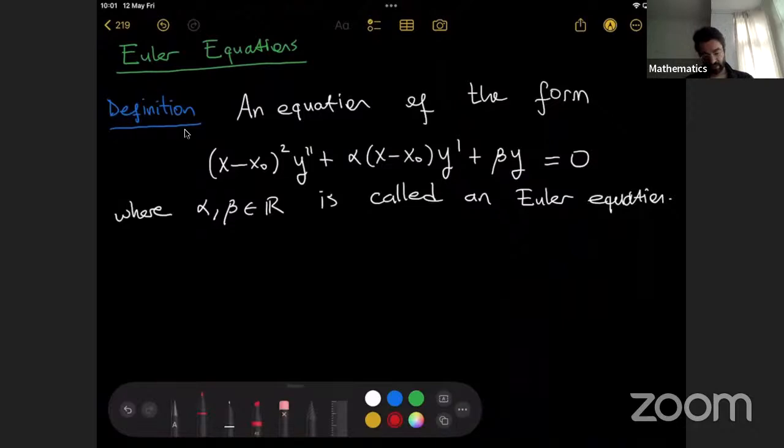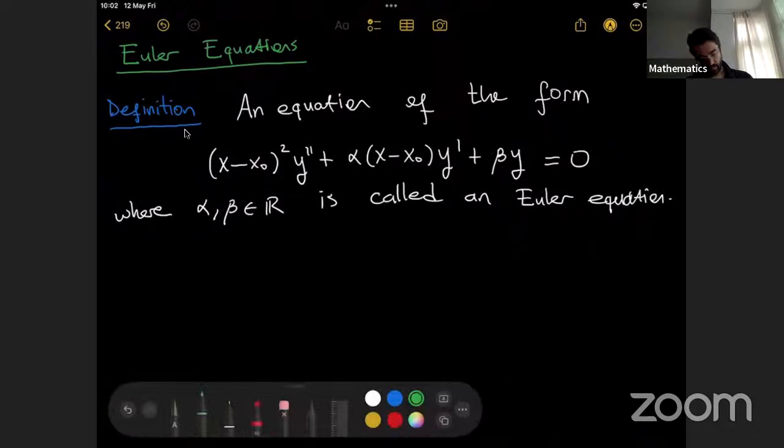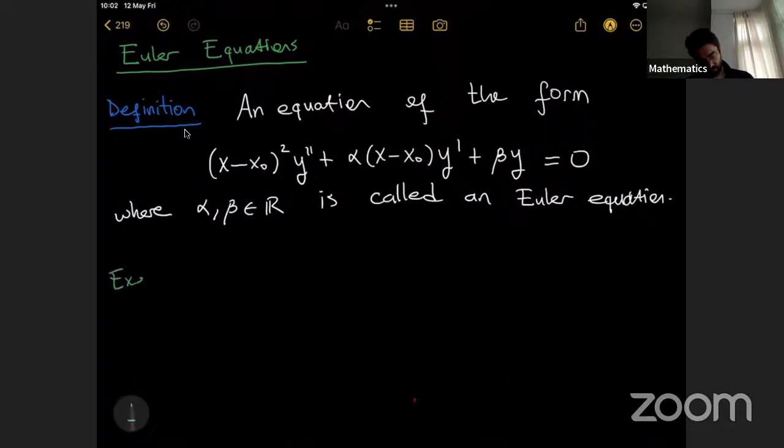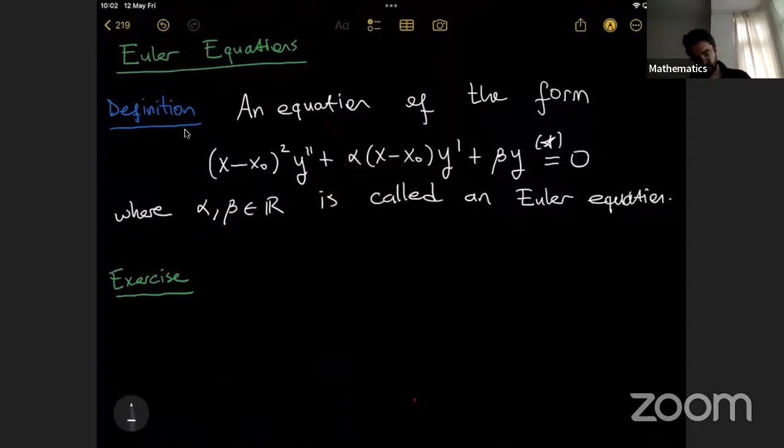Maybe let me give this as an exercise. You just apply the definition, check the definition of regular singular point. So let's call it star.